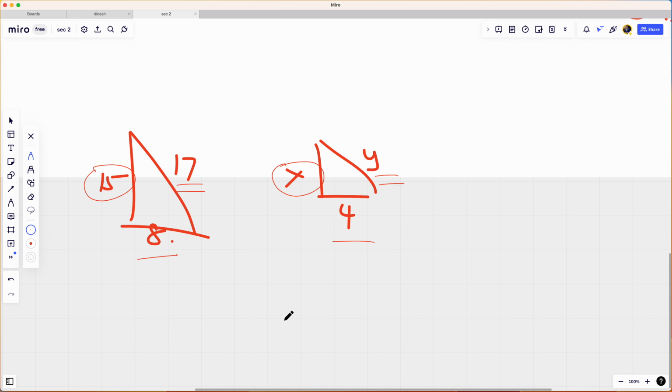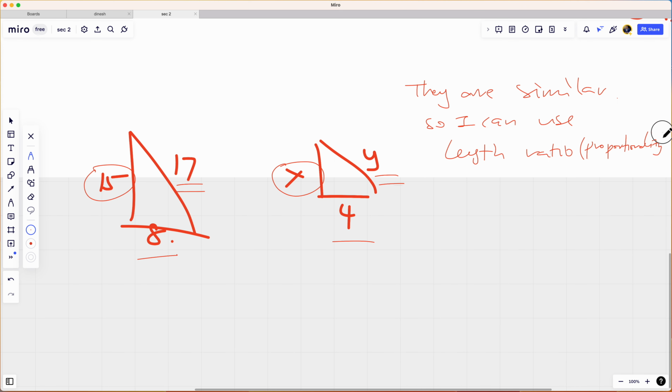Okay, so the question you ask yourself is this. Are they similar or not? If they are similar, I can use length ratio, or over here it is actually proportionality. How? 8 matches with 4, right? Ask yourself, how do you get from 8 to 4?